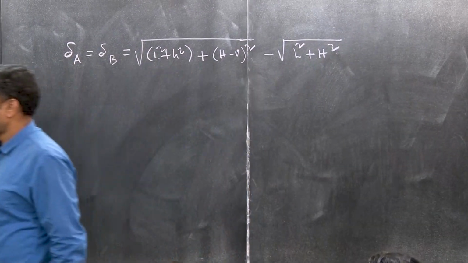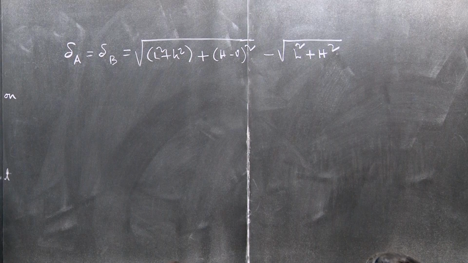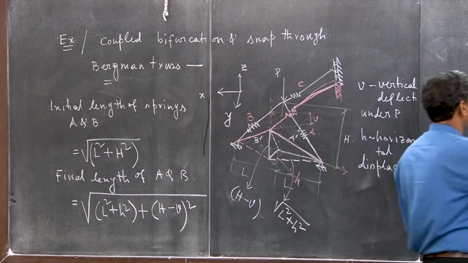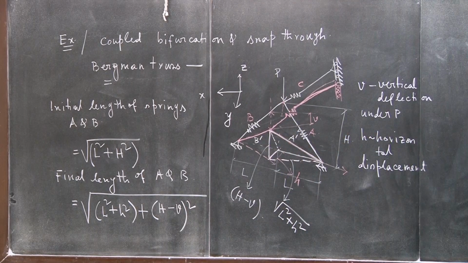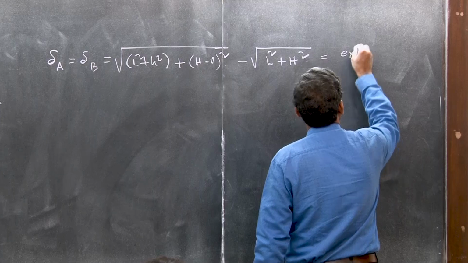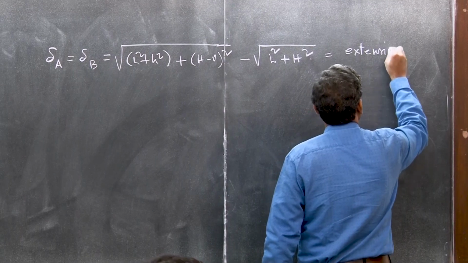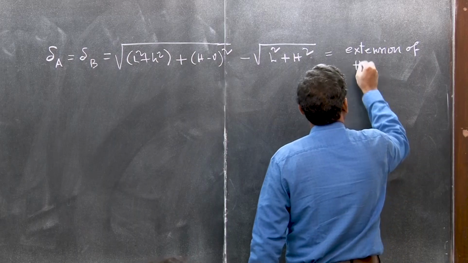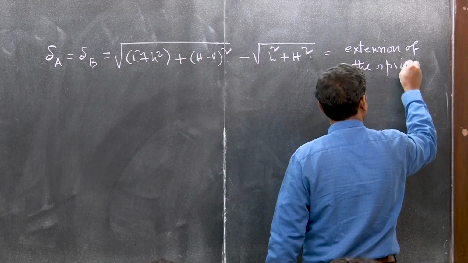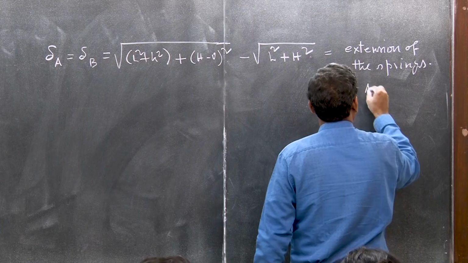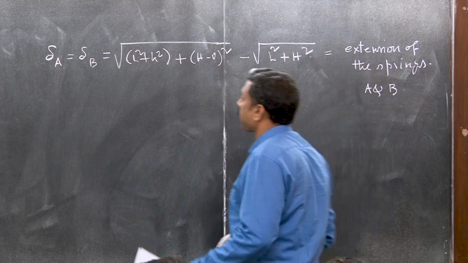This is the final length and this is the initial length, okay. So this is the extension of the springs A and B, okay.